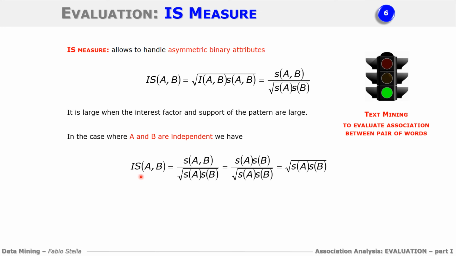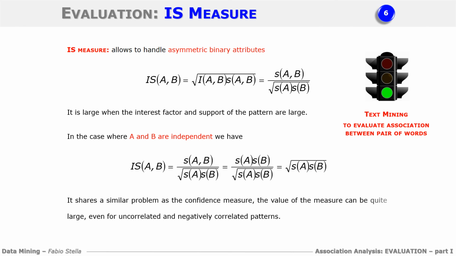The IS measure between A and B can be written by definition as the ratio of the support of AB to the square root of the product of the support of A times the support of B. However, due to the assumption of independence between A and B, the numerator S of AB can be written as the product of S of A, the support of A, times the support of B. Then this equation simplifies to the square root of S of A times S of B, so the product of the support of A and the support of B.